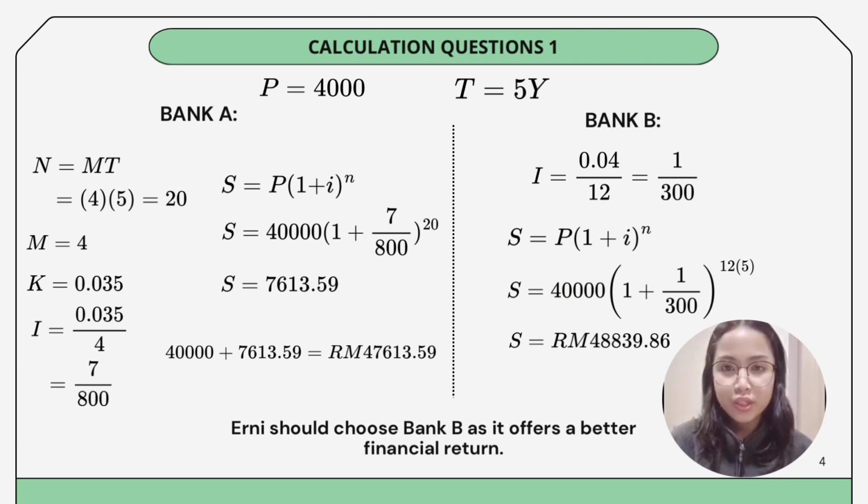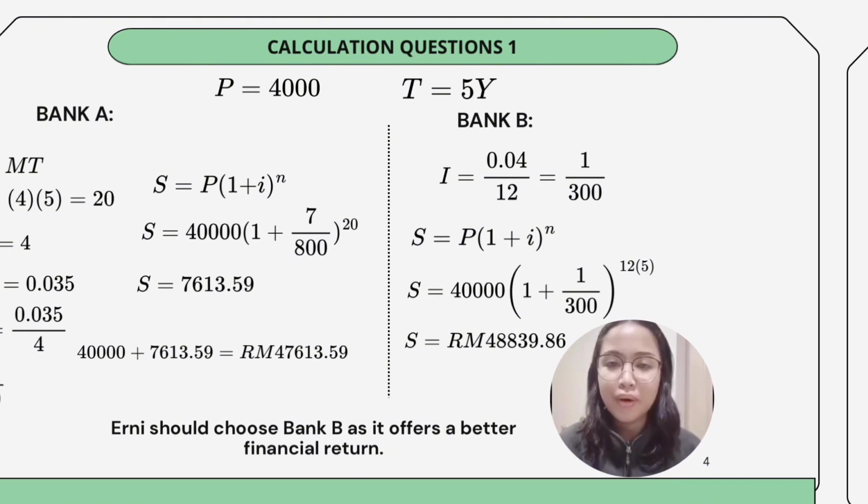So we just use the compound interest formula, the future value S equals P times (1 plus I) to the power of N. N is 12 times 5, so S equals 40,000 times (1 plus 1 over 300) to the power of 12 times 5. So S equals 48,839.86. So Ernie should choose Bank B as it offers a better financial return.